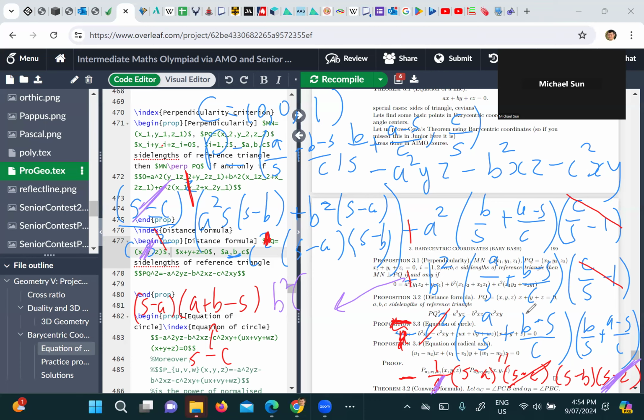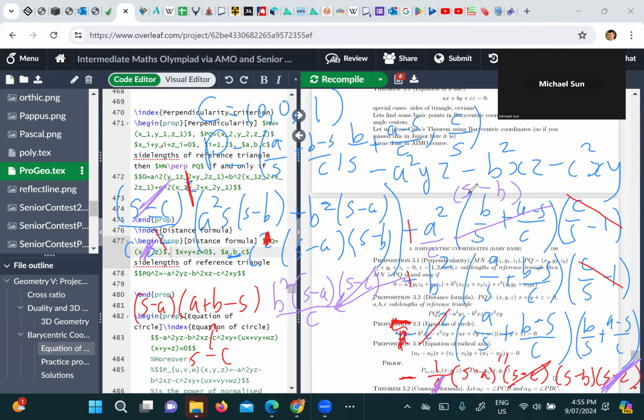B minus S, yeah, the B minus S is the S minus A. This is S minus A, S minus C, and the S minus C is gone, right? And then the S is gone, but it's still over C. The same thing here. This becomes over C, and it's an S minus B.